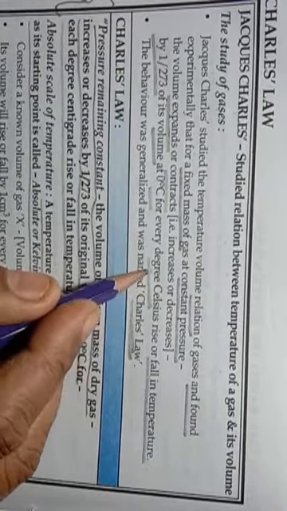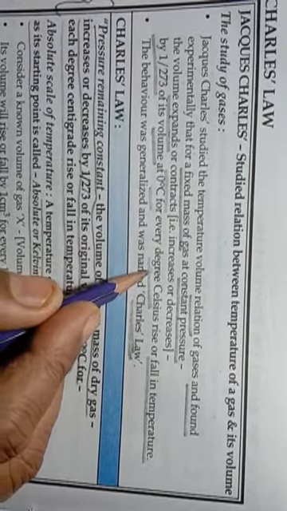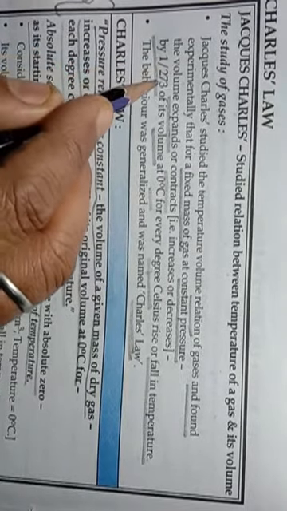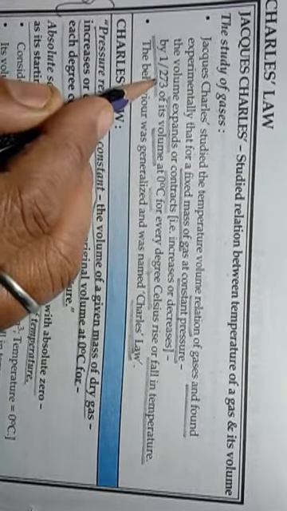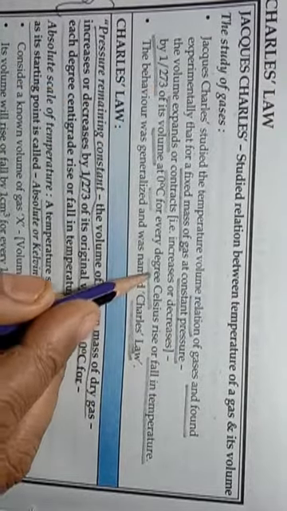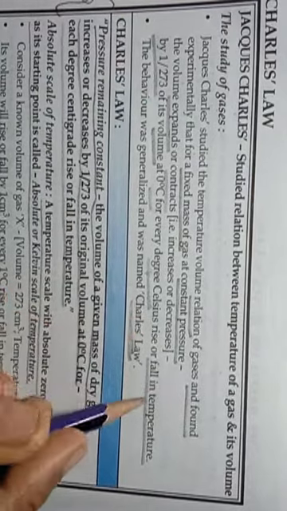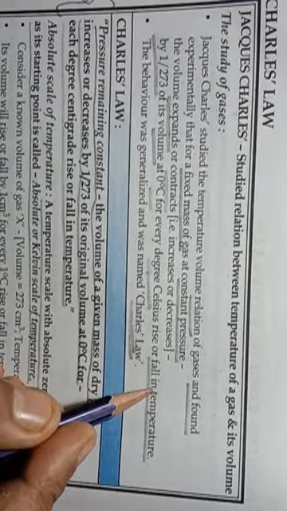So if we increase the temperature by 1 degree Celsius, then 1/273 part of the volume of the gas will change with each degree Celsius, or per Kelvin, change.